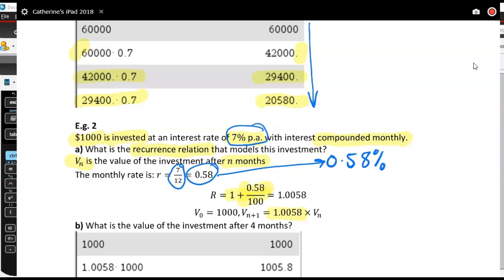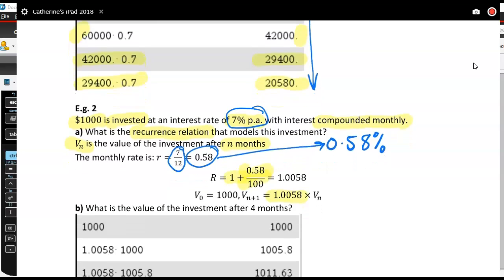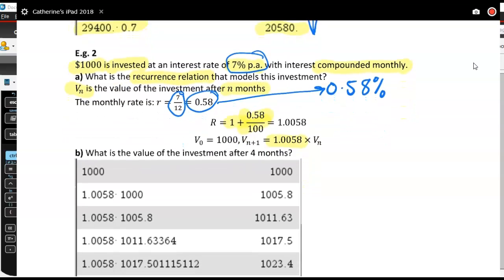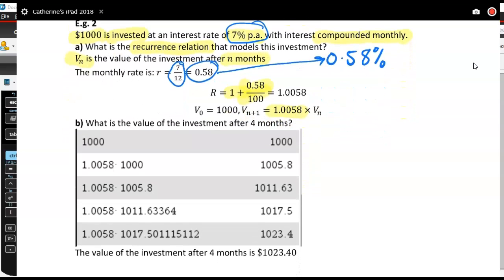If I was only timesing it by 0.0058, I would get a lot less than what we have in there. This is telling us how much that new value is going to be. So V0 equals 1,000, Vn plus 1 equals 1.0058 times Vn.